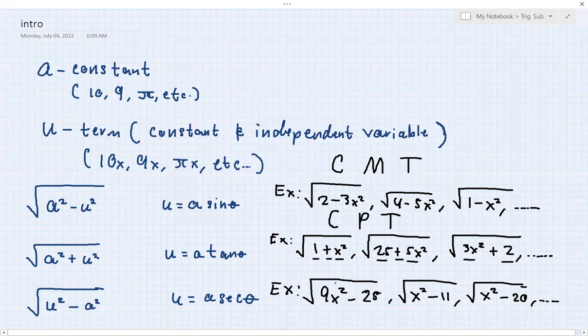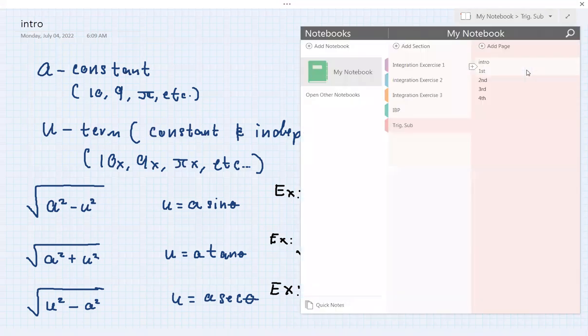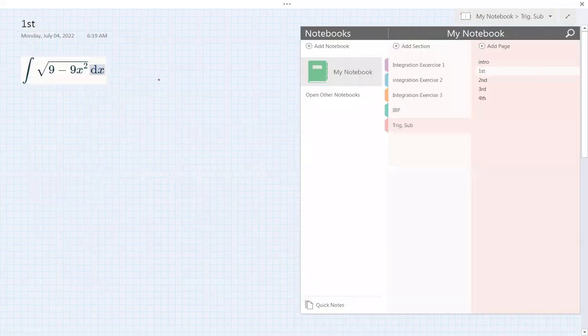Then dito naman, nauna yung term na may x, tapos minus constant, PMC. O, diba? Either way, we're going to apply it in the next examples. All right? So dahil dyan, let's now go to the first example.